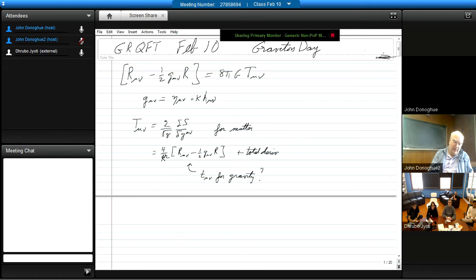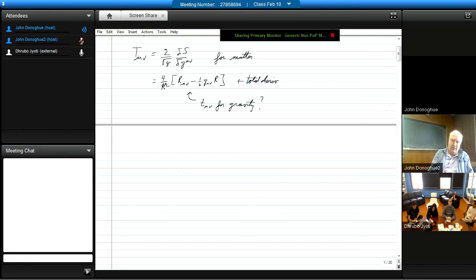Okay, so let's just follow that up. Let's imagine that we're writing out Einstein's equation, but now I go to the next order. So expand to order h squared. Okay. So here schematically, R mu nu minus 1/2 G mu nu R to the first power in h.